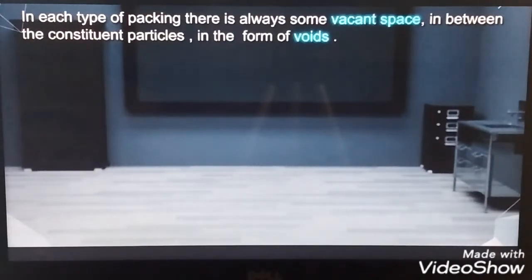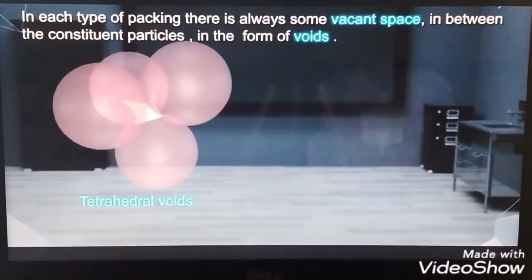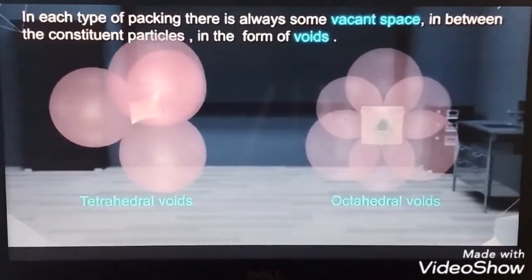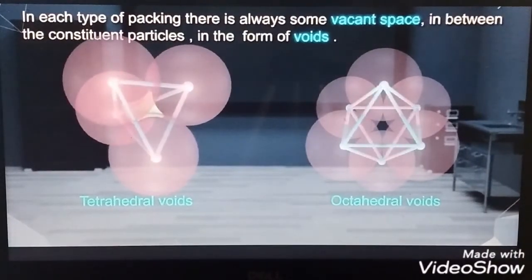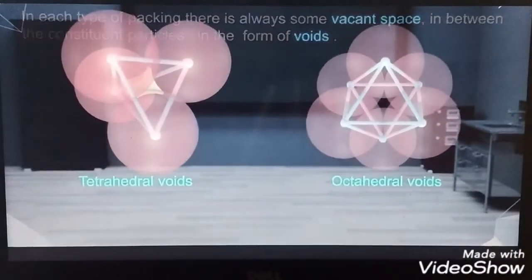We know there are 2 types of voids in a packing: tetrahedral voids and octahedral voids. Thus, in a packing, only a part of the total available space is occupied by the constituent particles.